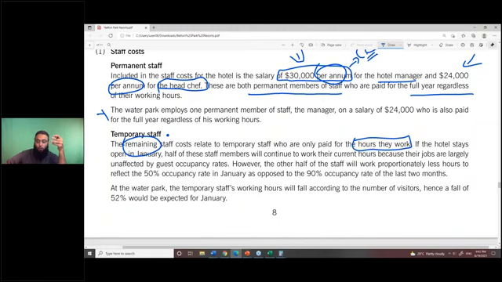So if the hotel stays open in January, half of these staff members will continue to work their current hours because their jobs are largely unaffected by the guest occupancy. Half will continue. However, the other half of the staff will work proportionately less hours to reflect the 50% occupancy rate in January as opposed to 90% occupancy in the last 2 months.